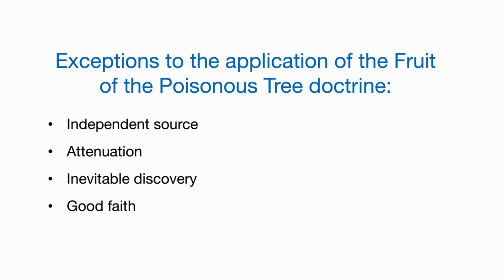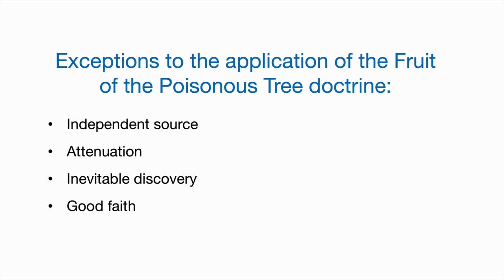Inevitable discovery. If the prosecutor can show that they would have discovered the evidence with or without the improper search, it can fall within the inevitable discovery exception to the fruit of the poisonous tree doctrine.